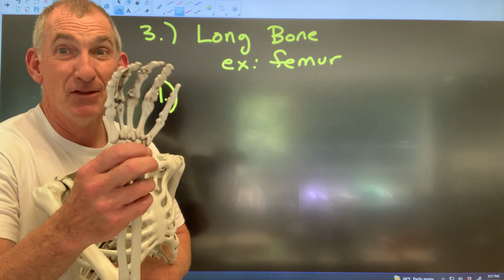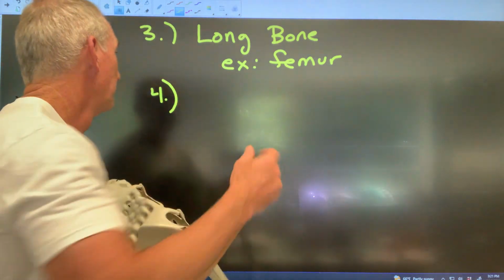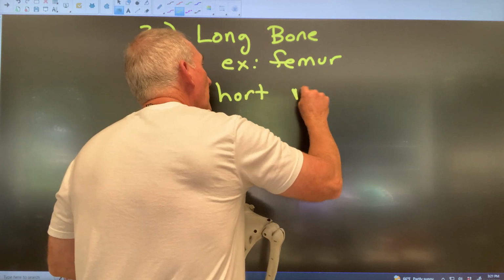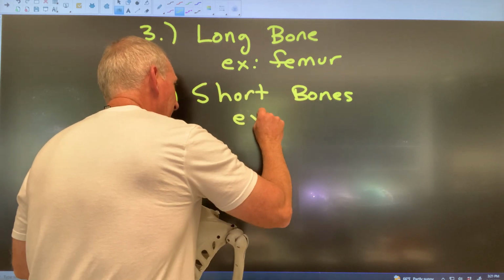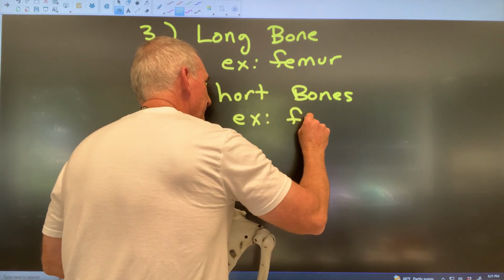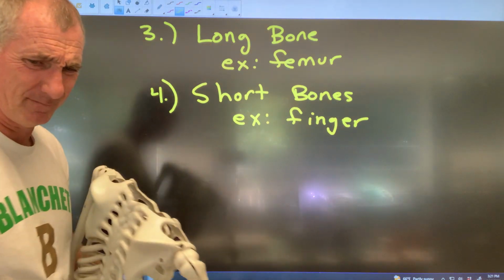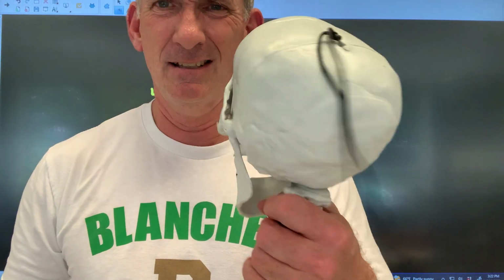There's short bones. There's a bunch of these little bones right there, and they're short bones. Good example, Molly. Example is fingers. Molly, what's up with this?